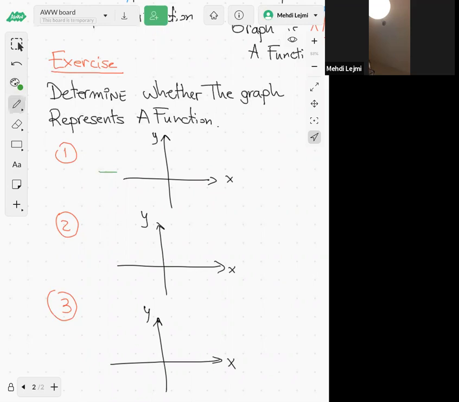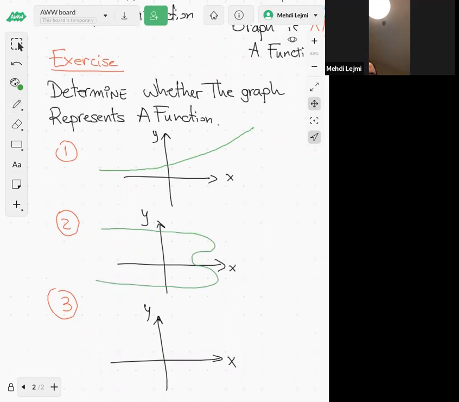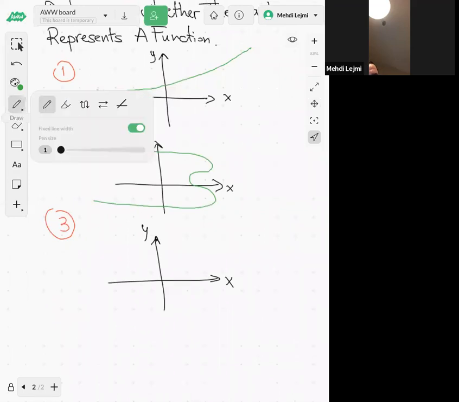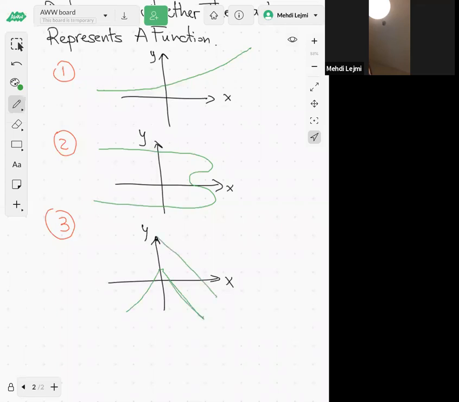Okay, so here's my graph, number 1. Number 2, the graph is the following. And number 3, the graph is, let's see, yes, I have this.